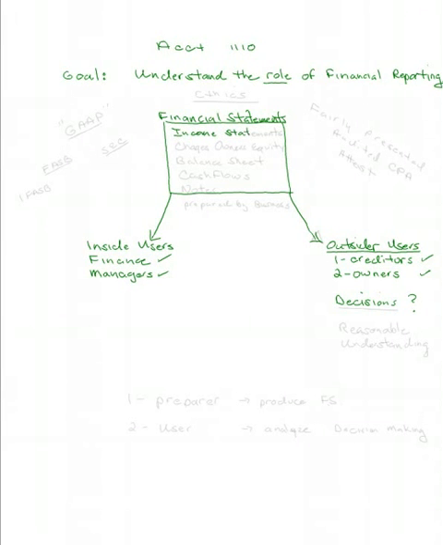An income statement shows revenues and expenses, the results of operations for a period of time. We'll provide to them a statement of changes in owner's equity, which shows how much each owner owns.